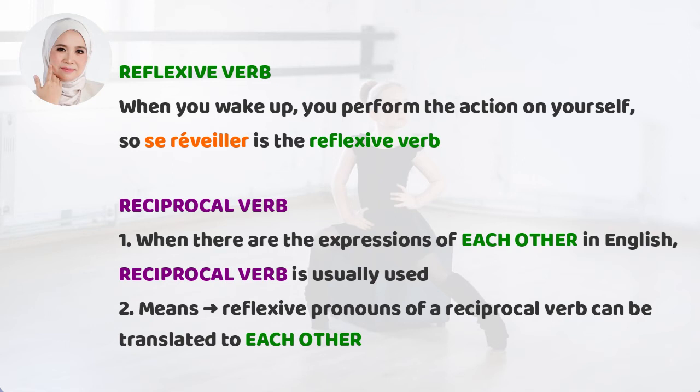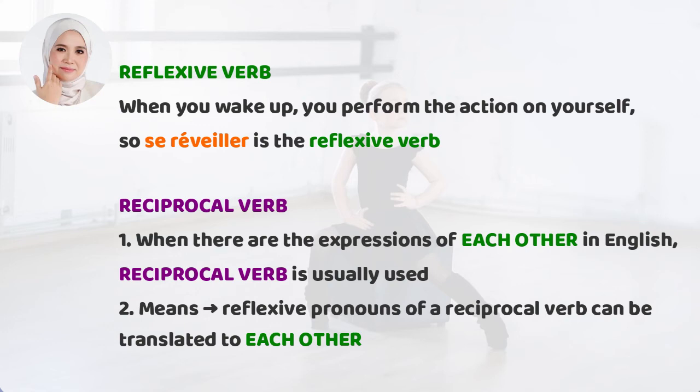So how about the second type of verb pronominal, which is the reciprocal verb? Remember, I mentioned that we are going to look at only two types of verb pronominal. The first one is reflexive, the second one is reciprocal. And how do we know whether the verb pronominal is a reciprocal verb?